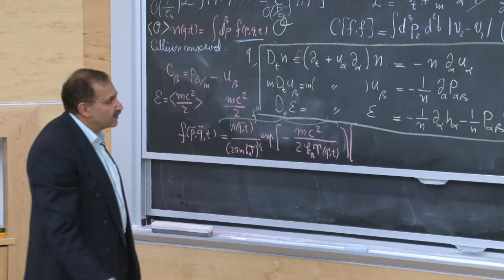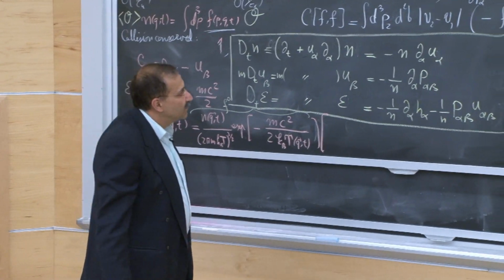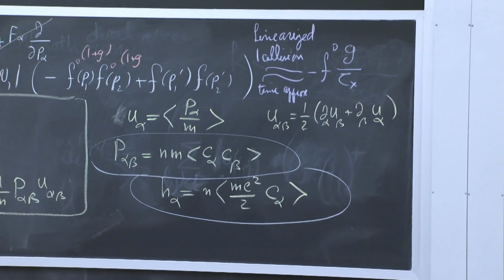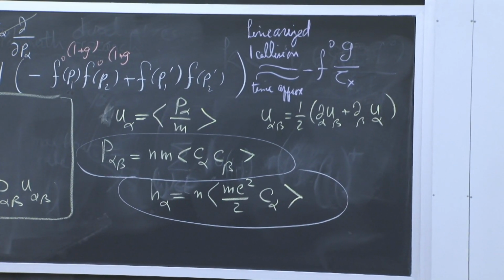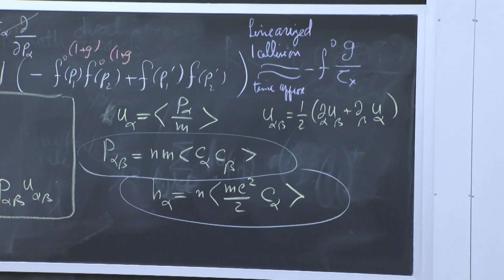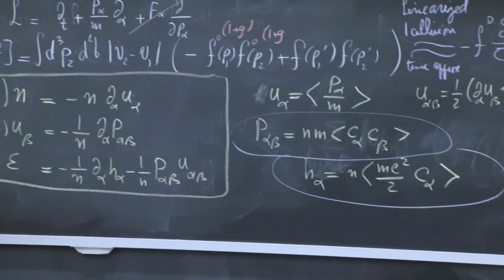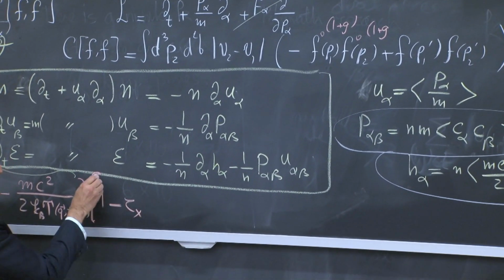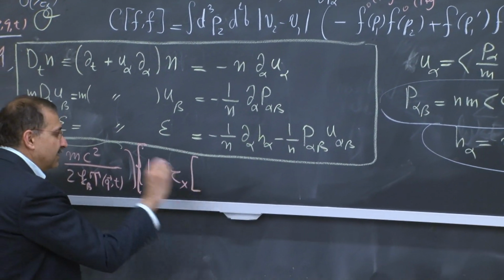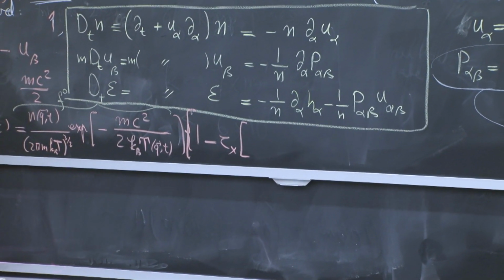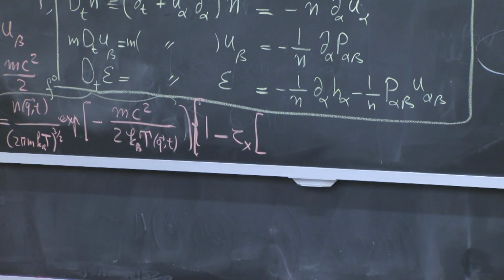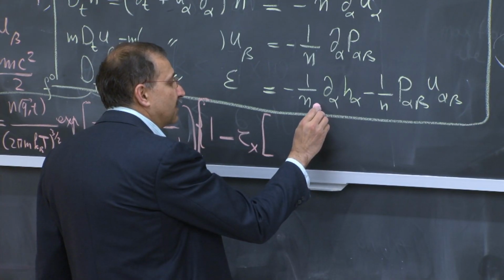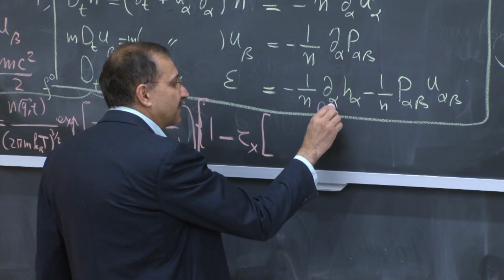And you can see that the correction is obtained by multiplying minus tau x with L acting on f0 divided by f0, which is L acting on log of f0. So I would have here 1 minus tau x, let's make this curly bracket, and then in the bracket over here, I have to put the action of L on log of f0.